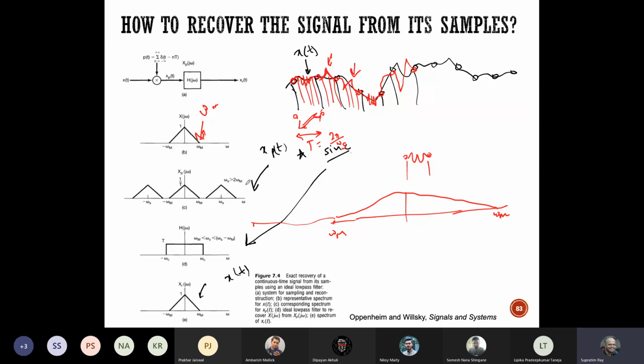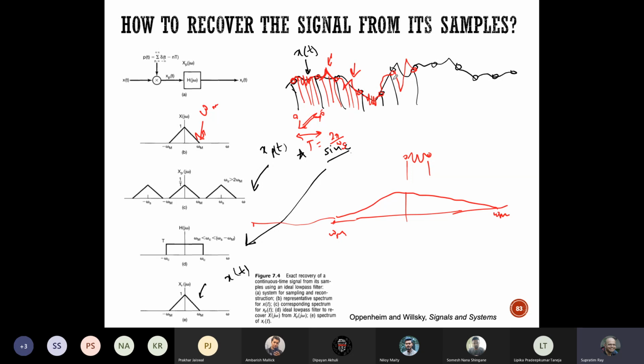But once you reach that omega s, once you have determined it based on your maximum frequency content in the signal, the signal cannot really change too much between any two samples. The reason the signal is not able to do any funny thing between any two samples is because its maximum frequency content is bound by omega m, which then determines how close these samples ought to be.